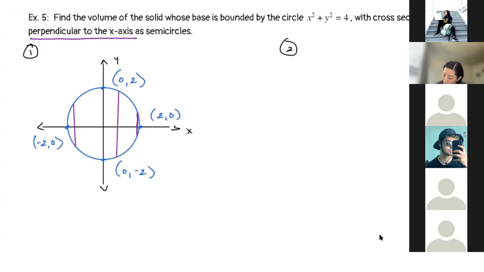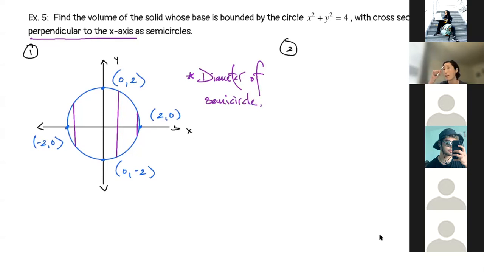So each one of these purple lines that I drew, what does the purple line represent? Excellent. That purple line represents the diameter of the semicircle.